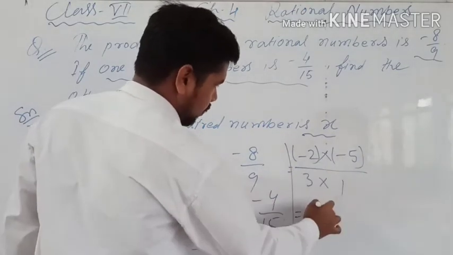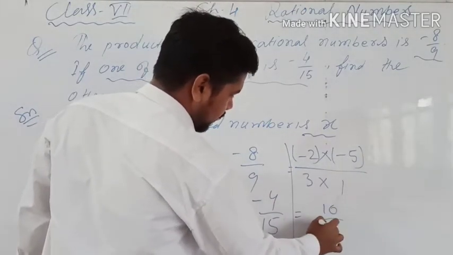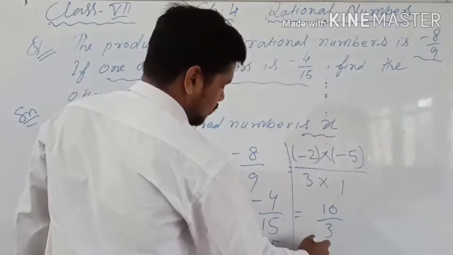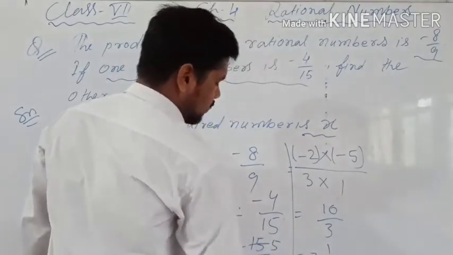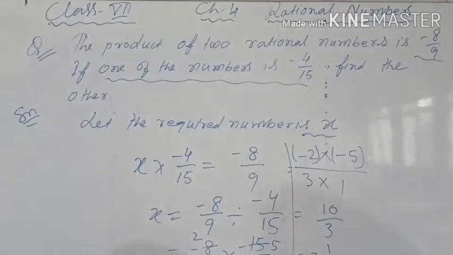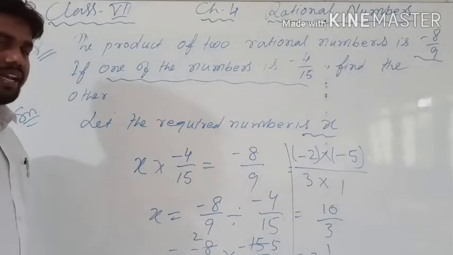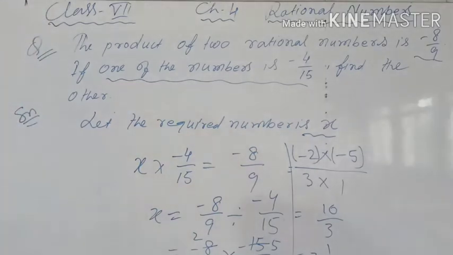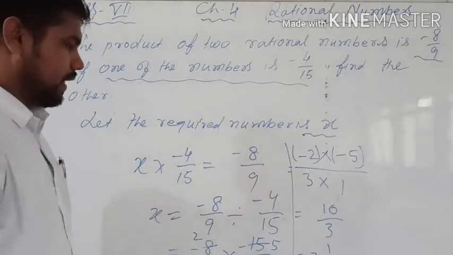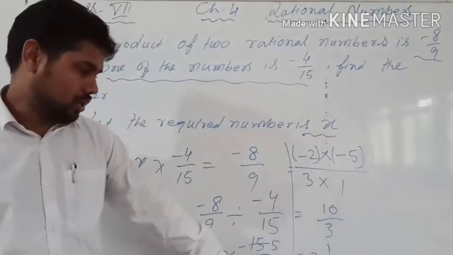So it will be 10 divided by 3. So that means 3 whole 1 by 3. So the required number which you have to multiply is 10 divided by 3, or you can say 3 whole 1 by 3. So we will write the required number as 10 by 3 or 3 whole 1 by 3.